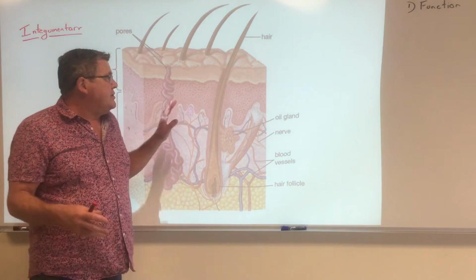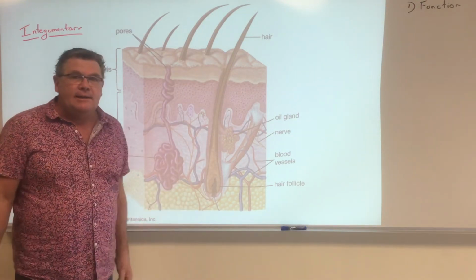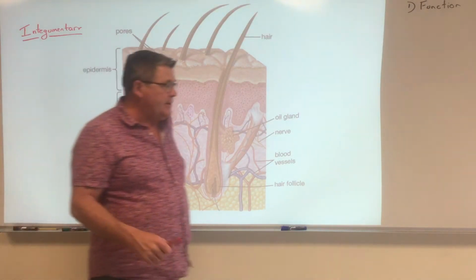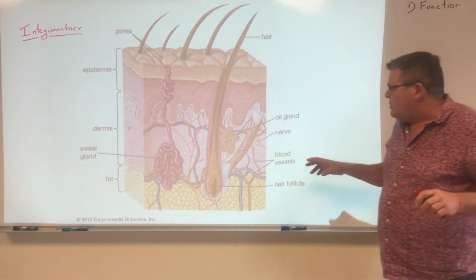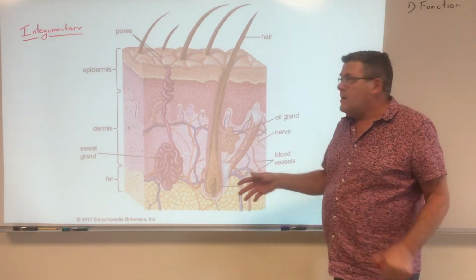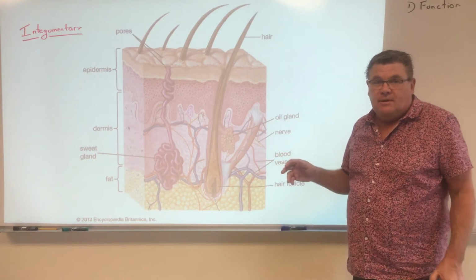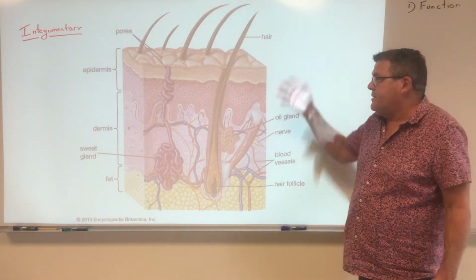Now that we have the function down, how does this facilitate that? How does it allow us to do the functions that we'll identify? And then some extras. We'll talk about things like individual glands. We'll also include in there why you get goosebumps. Even in a scary movie, when it's not even cold out, you'll get goosebumps.